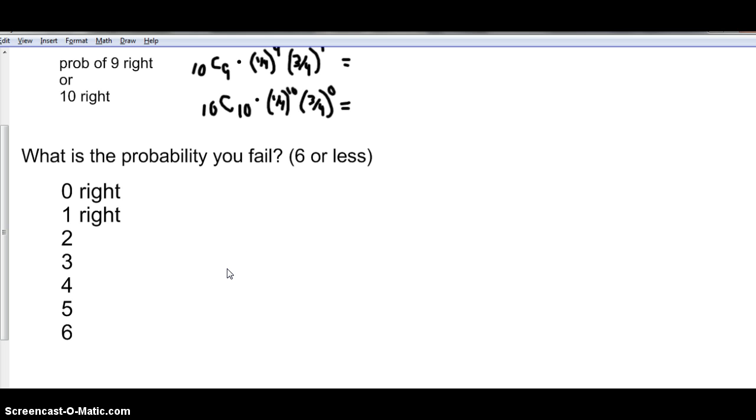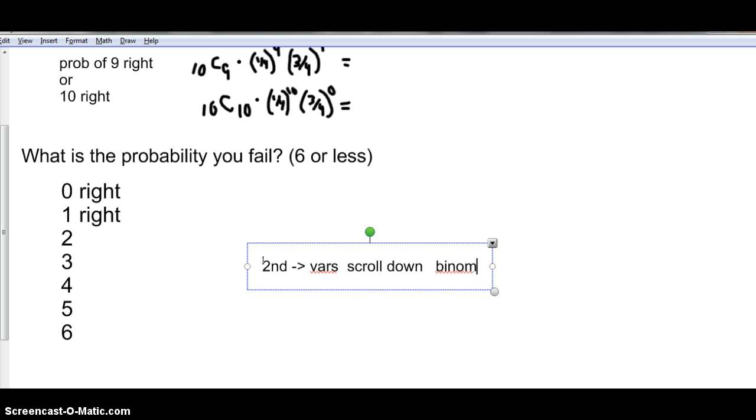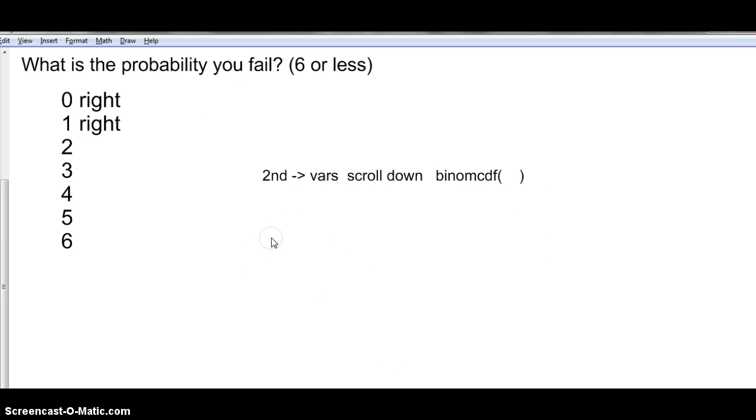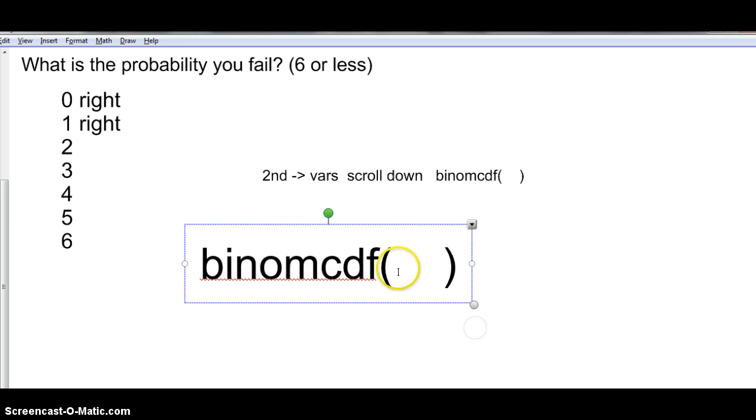So we can go back into our distribution, second VARS, and if you go down to now again, scroll down past binomial PDF or binom PDF and scroll to binom CDF. The P and the D are the only difference here, and that difference is going to stand for which probabilities you're adding together.